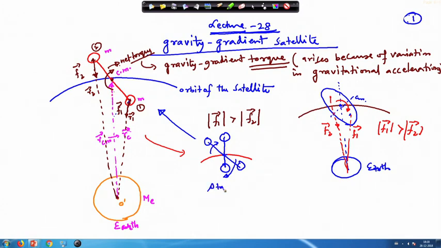It is gravity gradient stability. This is simply a stable case, but it so happens that because the gravitational force is conservative, this will keep oscillating, and you need to damp these oscillations unless there are other factors trying to damp it.